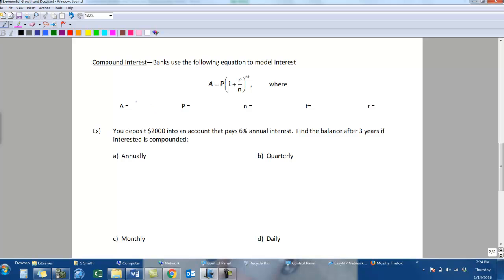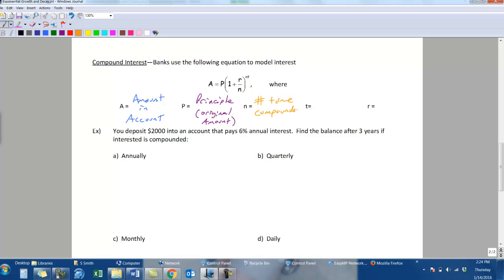formula here. A is the amount in the account. P is the principal. Now, the principal is the original amount. N is the number of times your money is compounded.